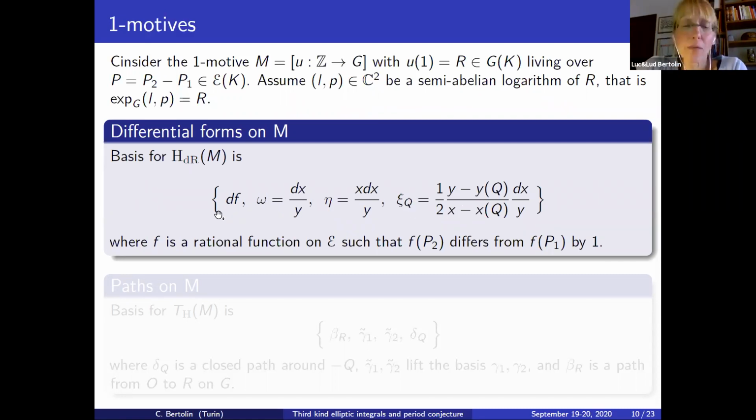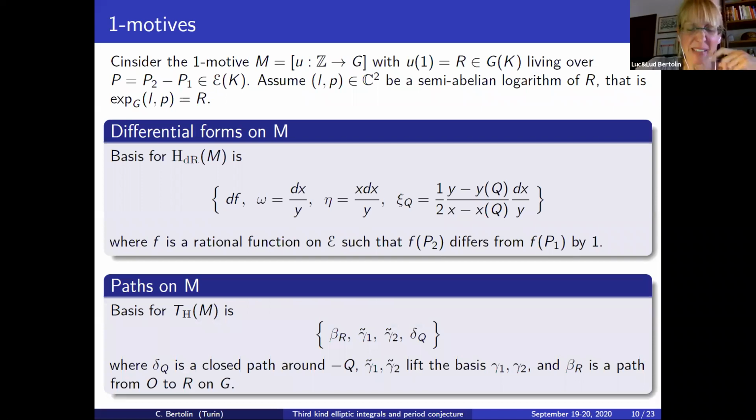And then I have only to add df, where f is a rational function, such that this is a kind of normalization that we will need later: f(P2) minus f(P1) is equal to 1.